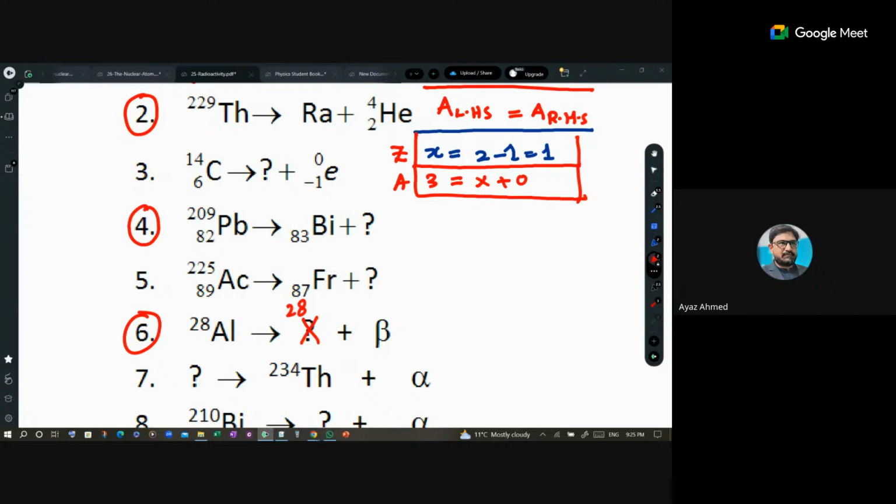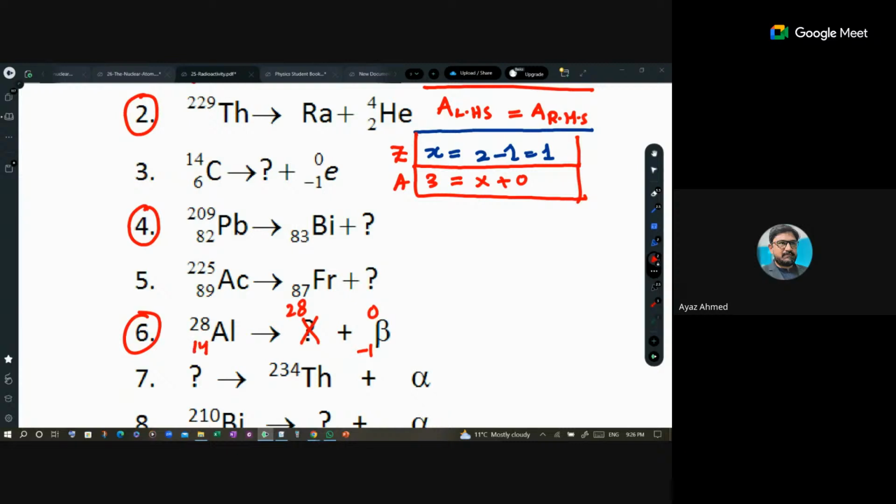Then what about this beta? Beta will have 0 and -1. So what about the Z of X? Plus one. Yes, because we are not having anything over here.